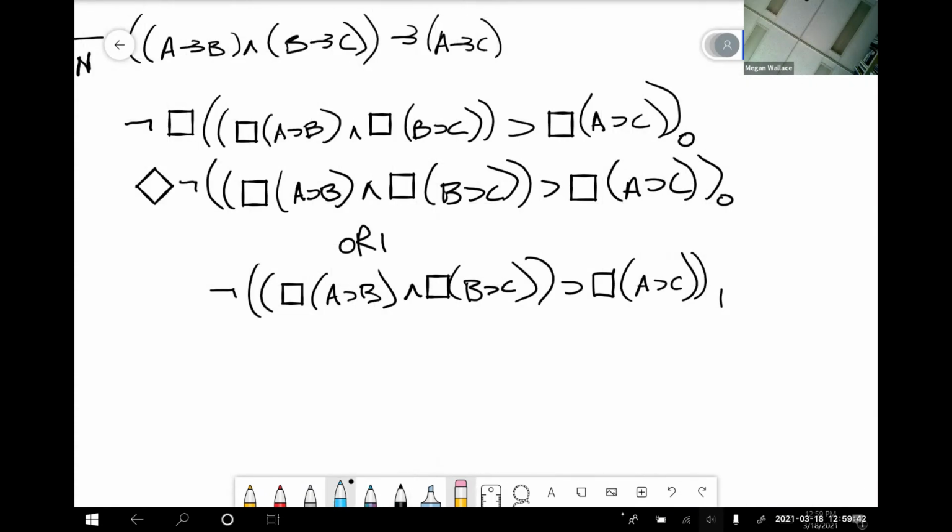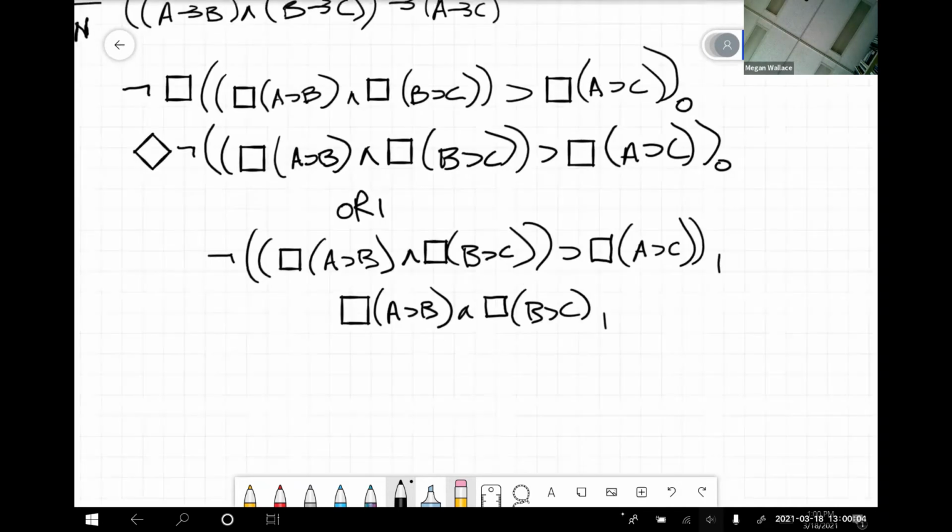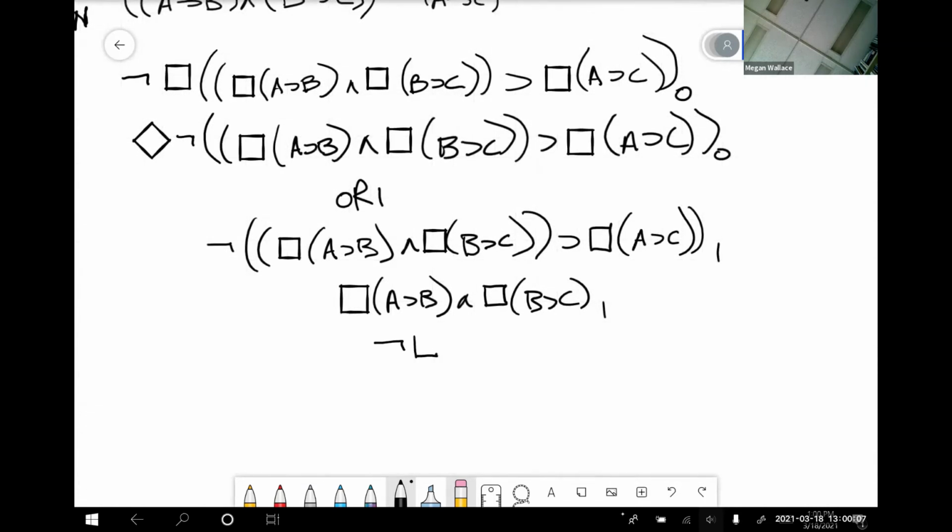Then because this is a negated conditional claim, we get to apply the negated conditional rule, and that means that we get box A, then B, and box B, then C, and all of that is for world 0. And we get the negation of the consequent, which is negated box A, then C at 1.